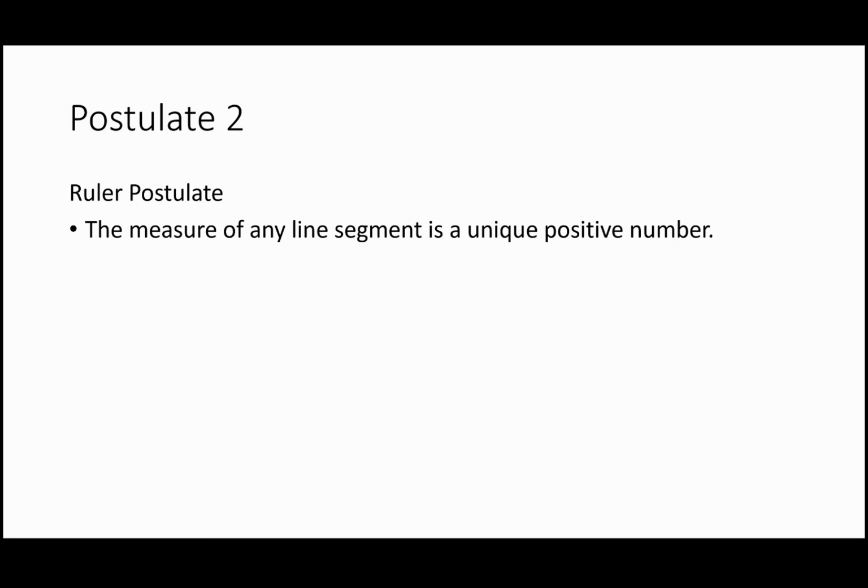Now, some of these postulates have specific names to them. Postulate 2 is a case in point. It's also called the ruler postulate, but not all postulates have names, in which case we want to just get to know these postulates and theorems, for that matter, by their content.